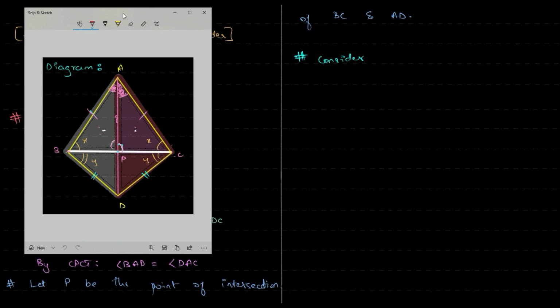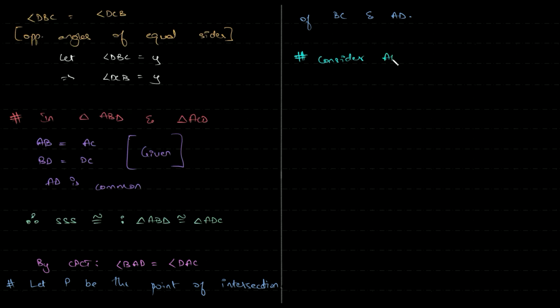ABP and ACP. Triangle ABP and triangle ACP. So what do we have? We have AB is equal to AC.